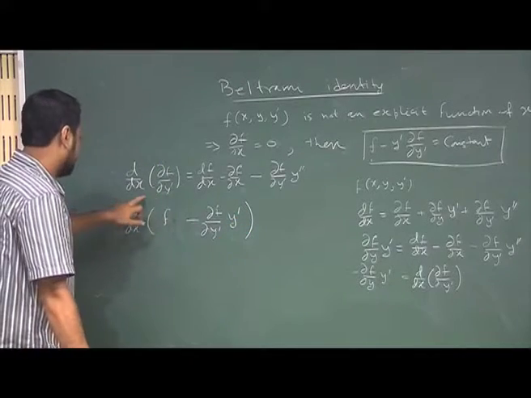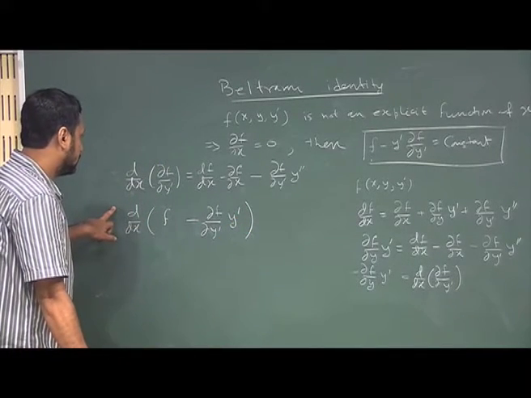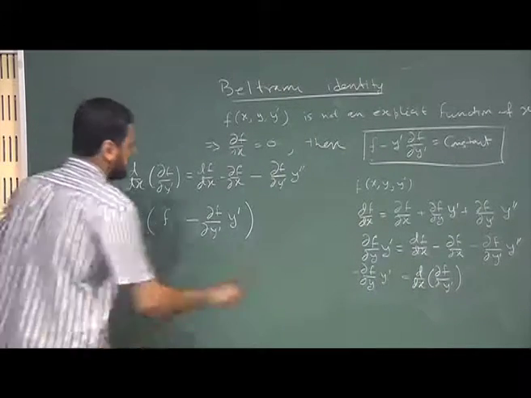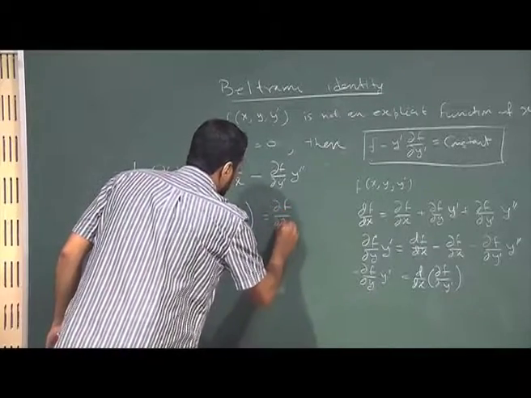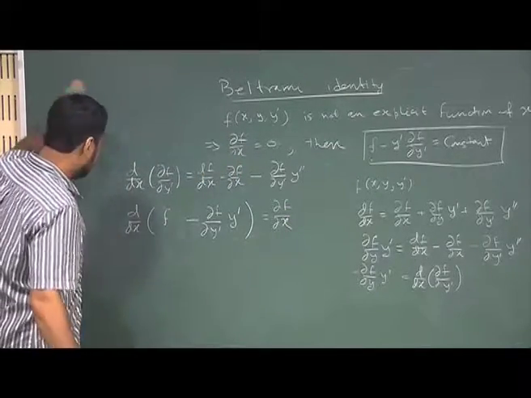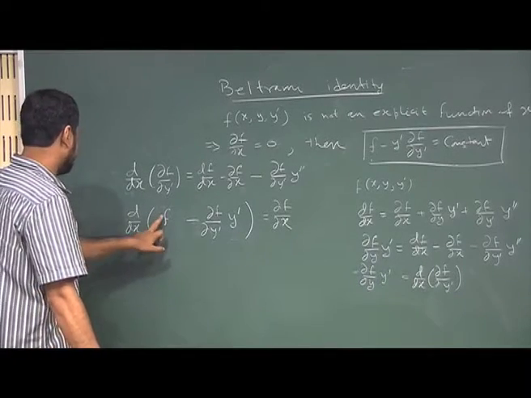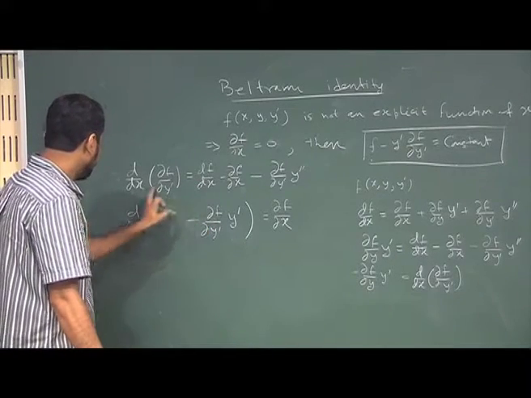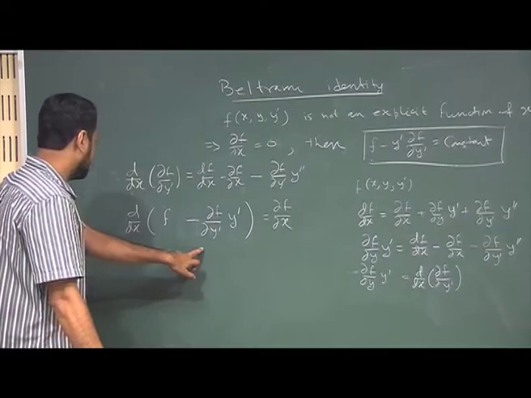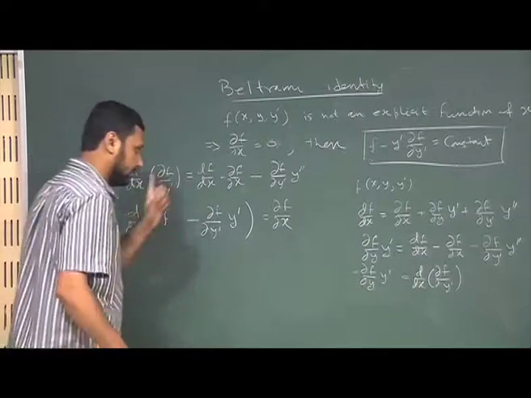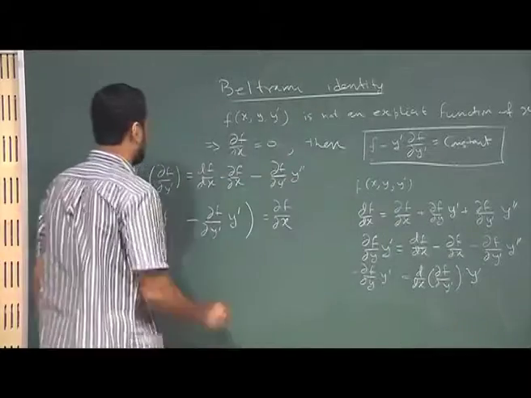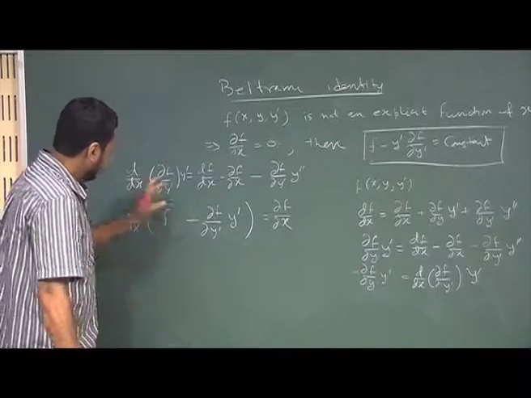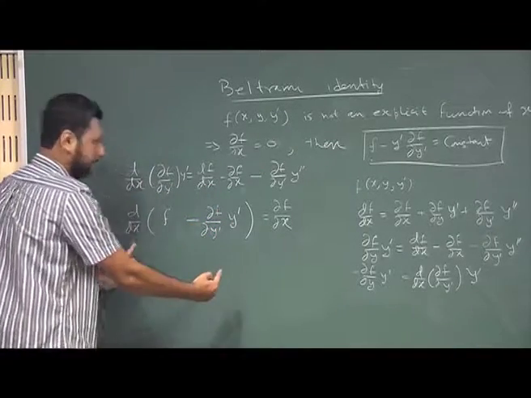So, if I compare these two, it can be equated with del f del x. Let me check this step once more. If I open this bracket, the first term will be df dx, which is there, and the second term will be d dx of del f del y prime times y prime. That is what I was missing, there will be a y prime here. Now it all fits, good. Just manipulate this a little bit and you can write it in this form.